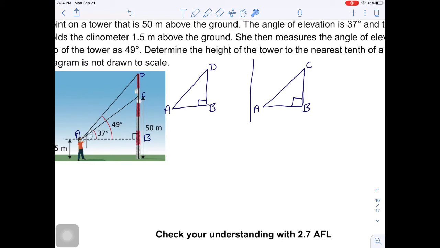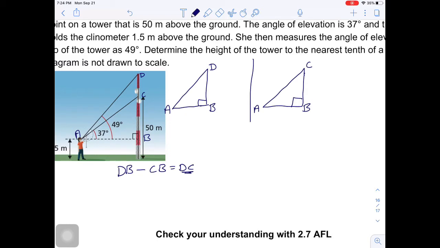Well, looking at this question, I could find the measurement of D to B, and I could also find the measurement of C to B. And then I could subtract those two things to find D to C. So let's say that again. D to B minus C to B is going to give me D to C. This is kind of my end goal right now. So let's focus on finding D to B.